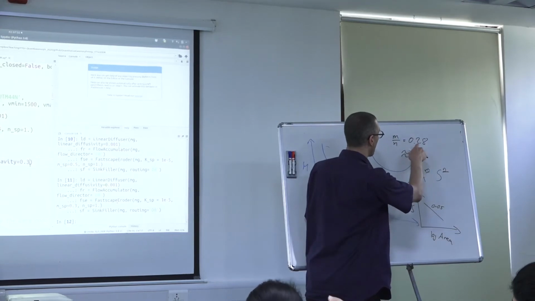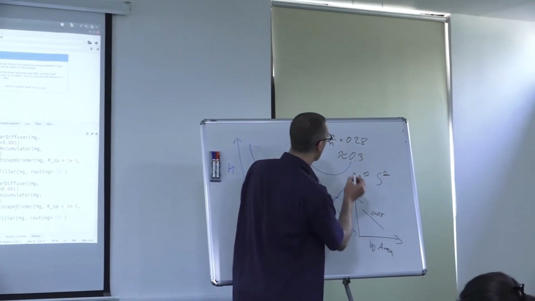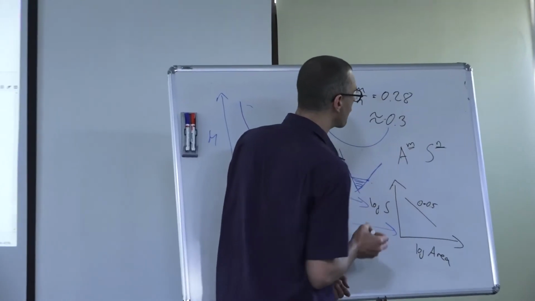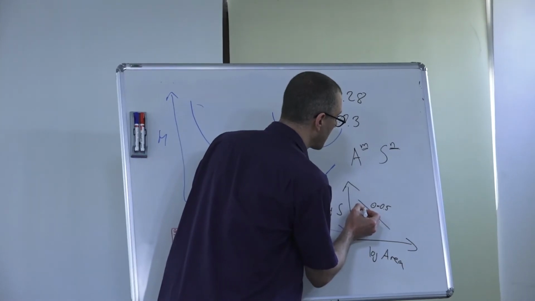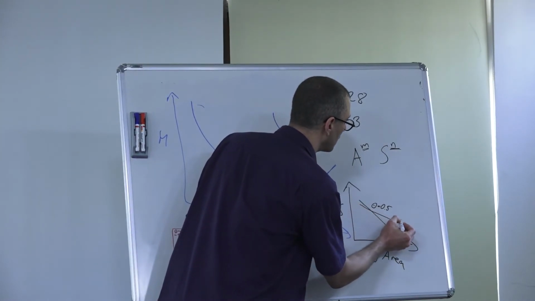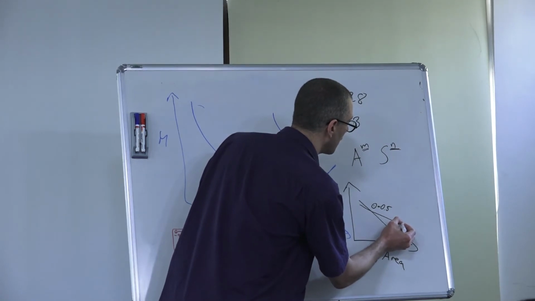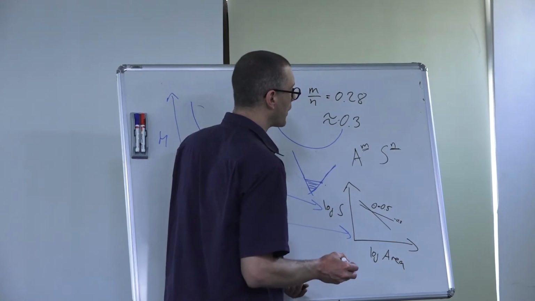Actually, this is minus 0.5, and if we have minus 0.3, it means that our theta is a little less, right? A little less steep.